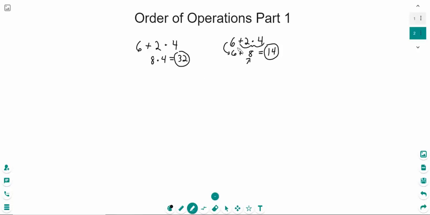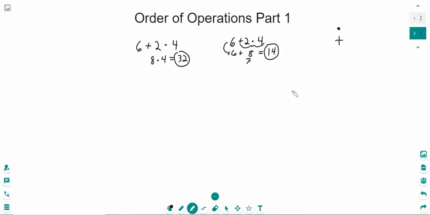In other words, they've created a rule on how they want you to do problems where there's both addition and multiplication, because they are not really commutative. You can't switch the orders in which you do these things. All right. So the rule that mathematicians decided was when we perform these operations, we always do multiplication first. We do multiplication and then we do addition.